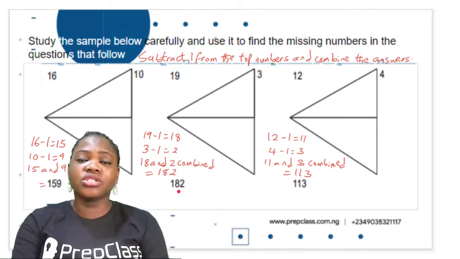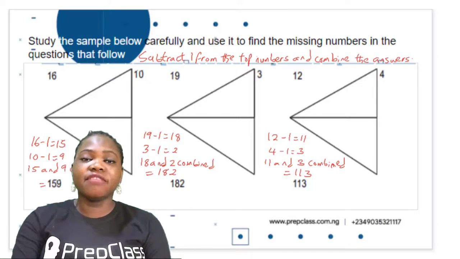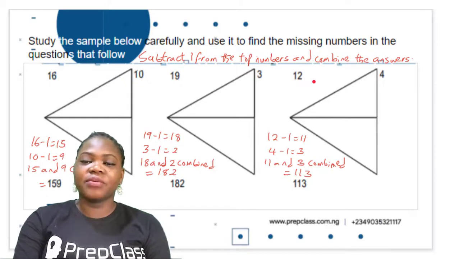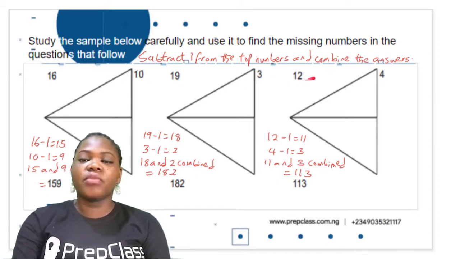But before we just go into the questions, let's see if it works with the third sample as well. In the third sample, the top numbers are 12 and 4. 12 minus 1 is 11. 4 minus 1 is 3. If we combine 11 and 3, what would we have?